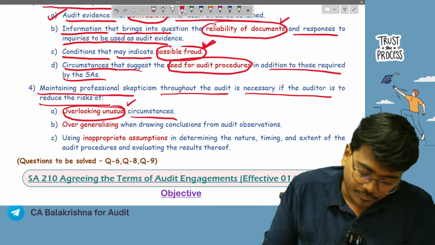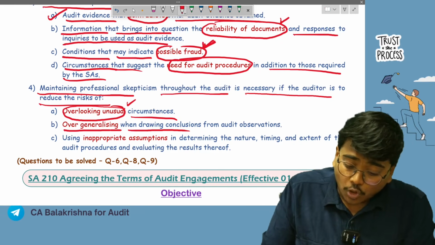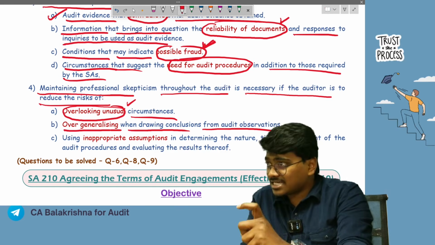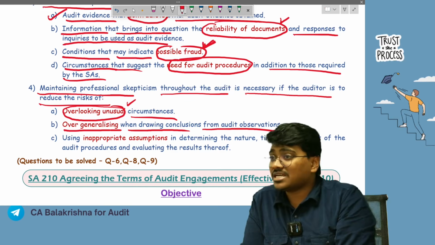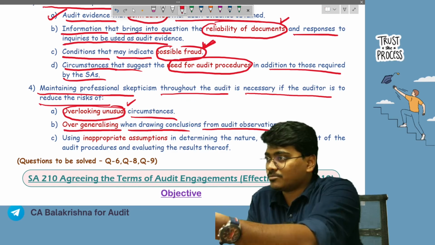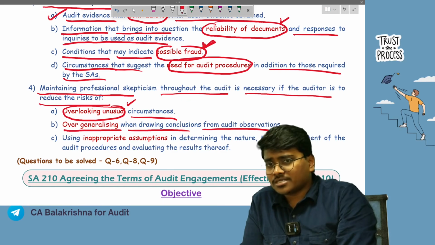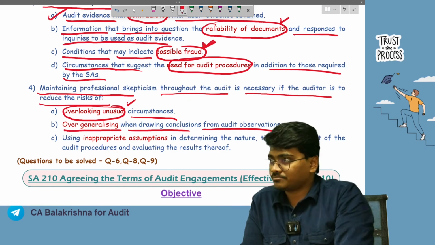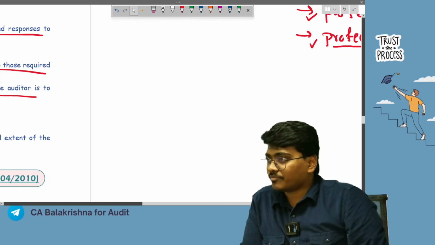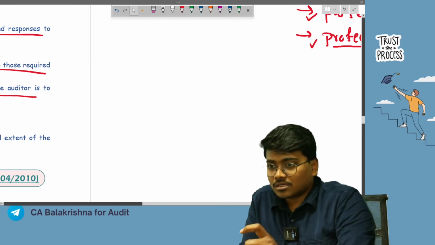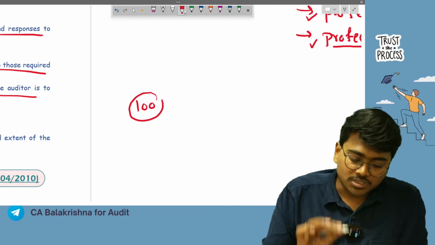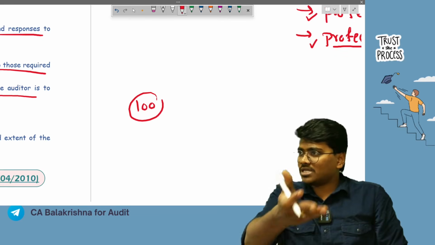Okay, next, overgeneralizing when drawing conclusions from audit observations. See, if you don't exercise professional skepticism, there is a possibility that you might overgeneralize. Let's say for example, in an audit, you will use sampling, right? Now, how might you overgeneralize if you don't exercise professional skepticism? Let's say there are 100 vouchers, the same example I told you yesterday also.